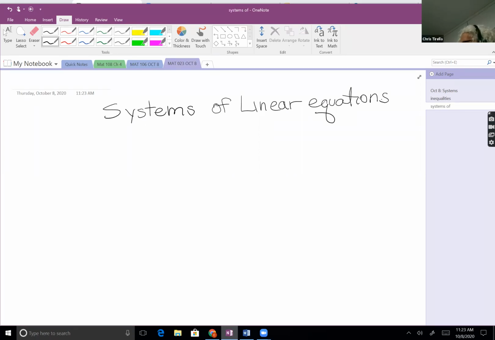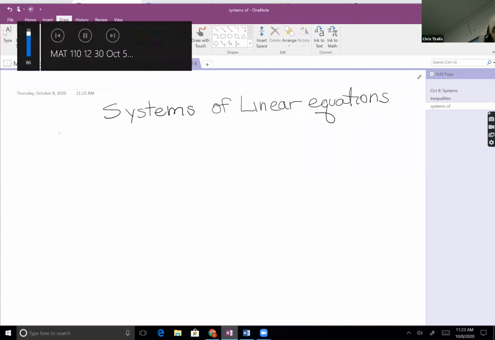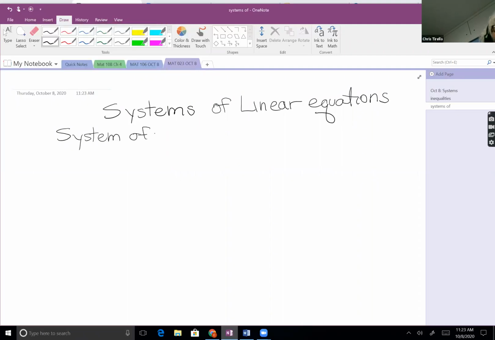When I have a system of equations, it's when I have more than one equation.